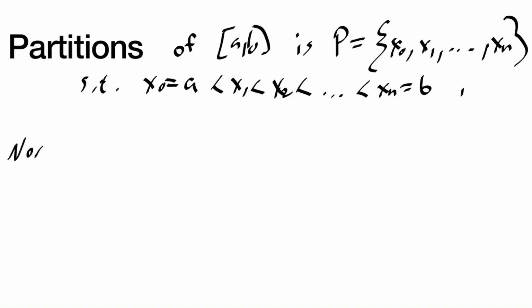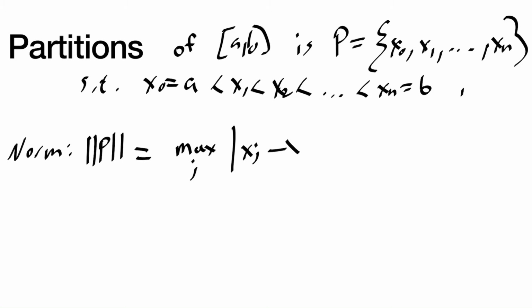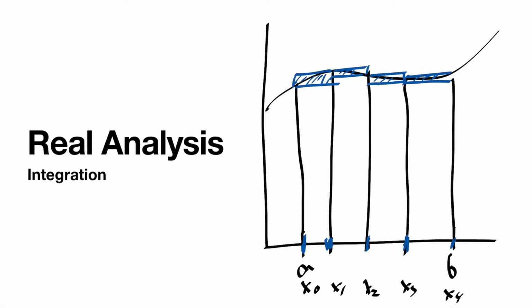And a partition has a norm, which is a way of measuring the size. We'll call it the norm of that partition, and we will write it with double bars like this. The norm of a partition is really just going to be the widest interval among any of those partitions. So it's just the max over all the j values of xj minus xj minus 1.